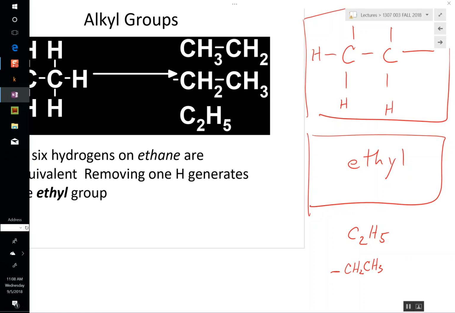So far with methane and ethane, if you take off any one of the hydrogens, you end up at the same place. There's no ambiguity. Here's ethane. I take that hydrogen off. That's an ethyl group. Does that look any different? No. No matter which hydrogen I take off, it comes out looking exactly the same.